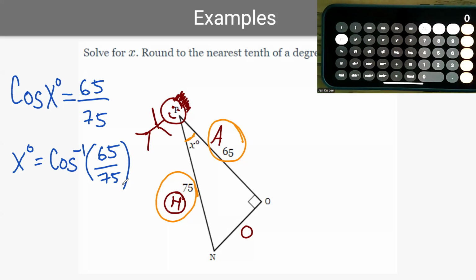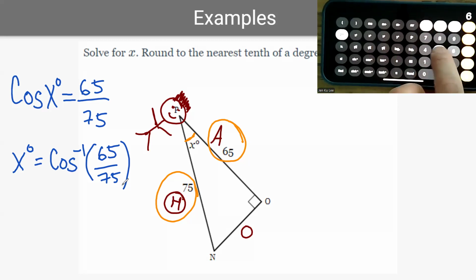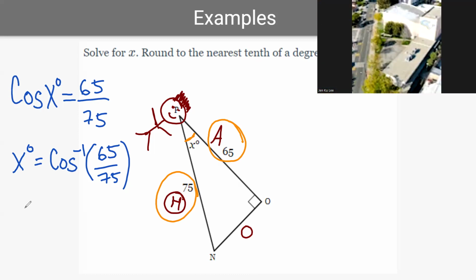I don't think I can focus in on this because of the screen. So if you put 65 divided by 75 equals, that's 0.86667. And then put second cosine. Yeah, 29.9. So you end up with the same numbers. So this x degrees equals 29.9 degrees.